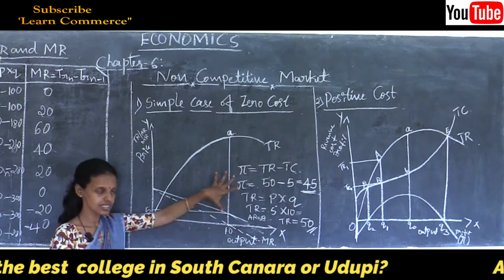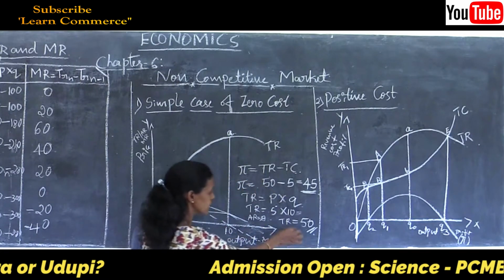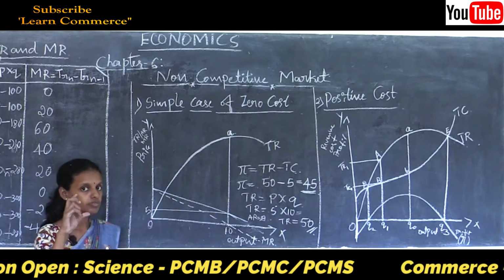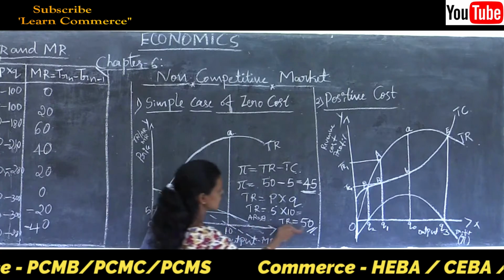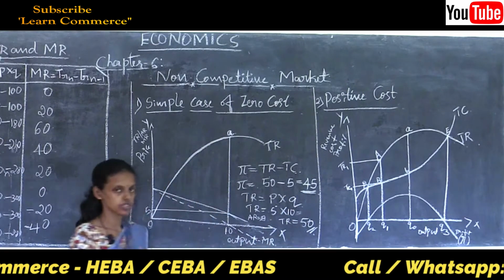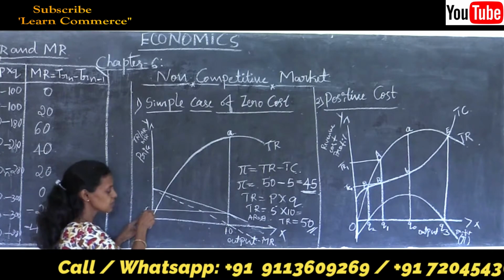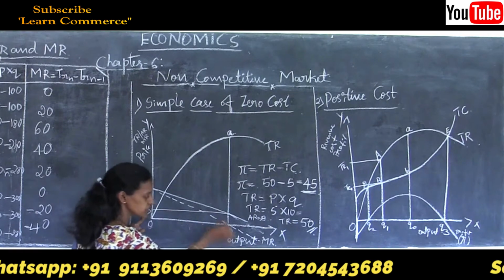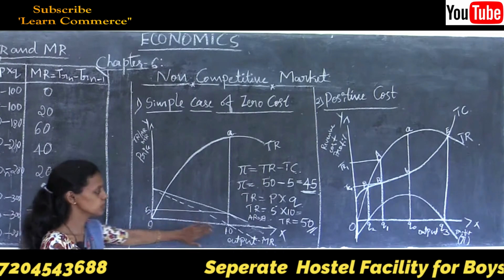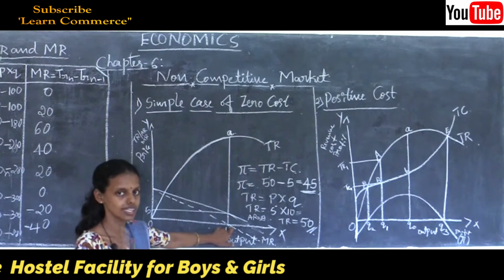Thus you can clearly see the profit of the firm is 45 and the total revenue earned by the firm is 50. 5 is the price, price into quantity, 5 into 10, that is 50. 50 is the total revenue of a monopoly firm for producing 10 units of goods or selling the 10 units of output.